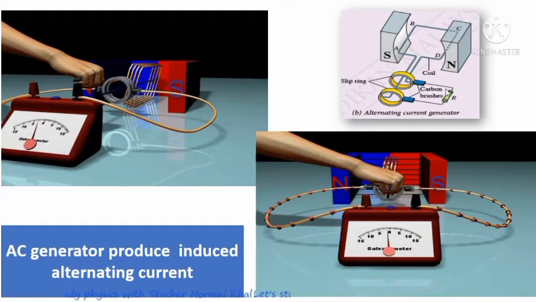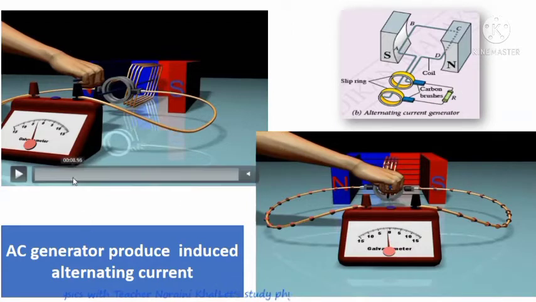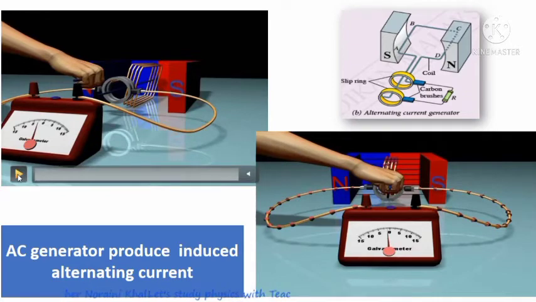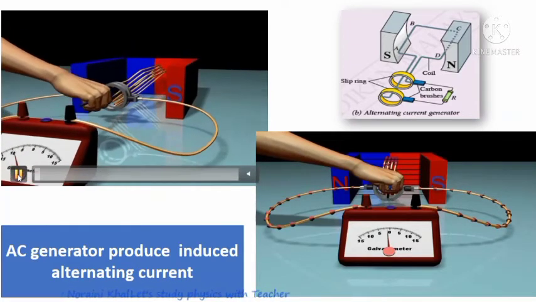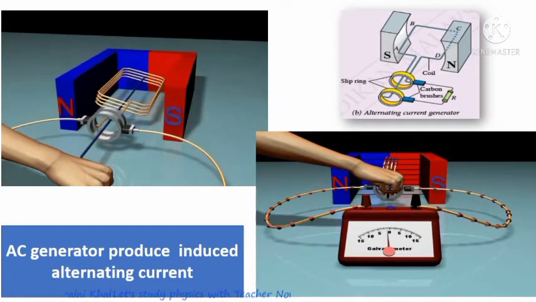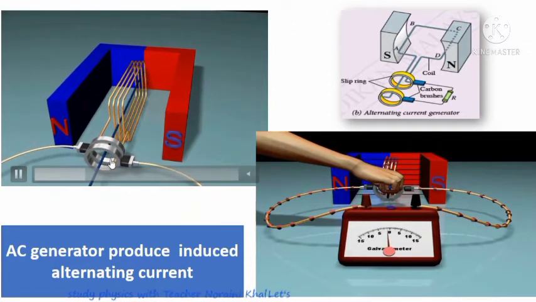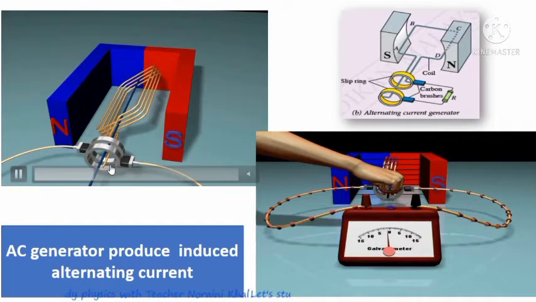And then these connect with carbon brushes to the external circuit. Okay, look at what happens and how this AC generator generates alternating current. Let's say we rotate the coil in clockwise direction. So you can see how the rings rotate and keep touching the carbon brushes.